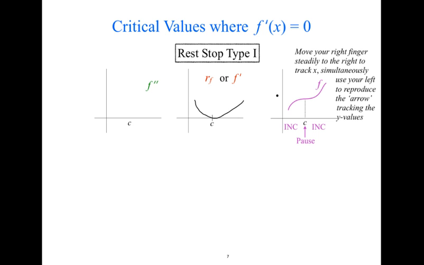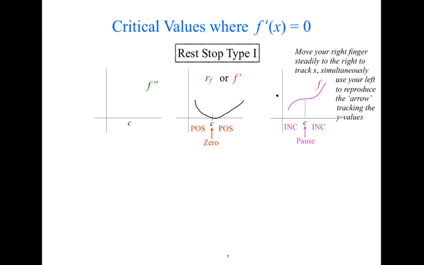Like this. So what's happening? The first derivative is doing what? It's positive, and decreasing at first. And then it's 0. And then it's positive again. And that comes right from the function increasing, pausing, and increasing. Okay?